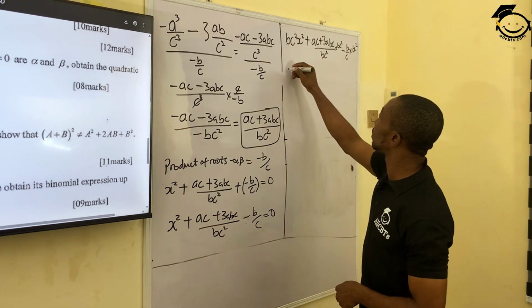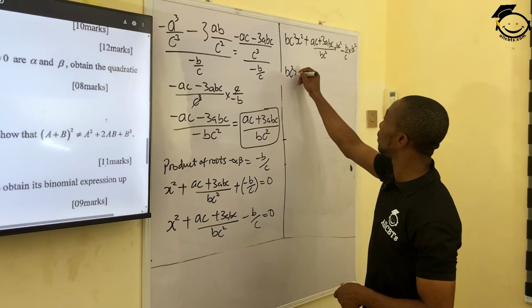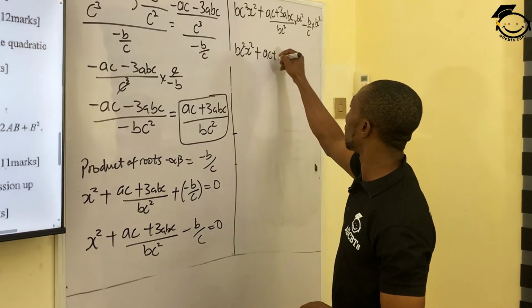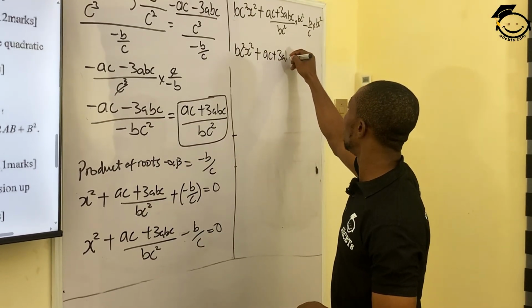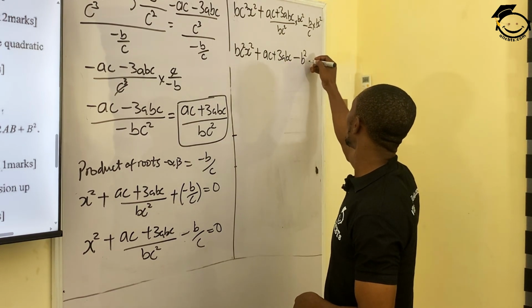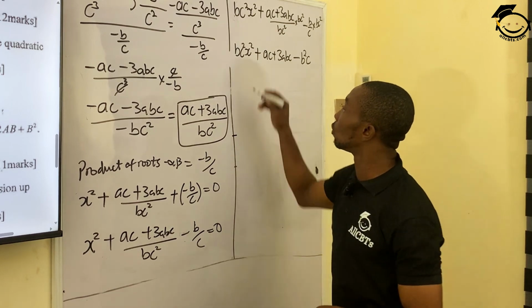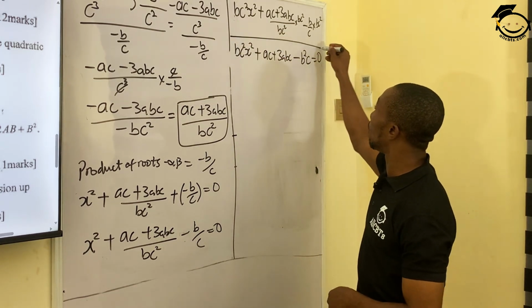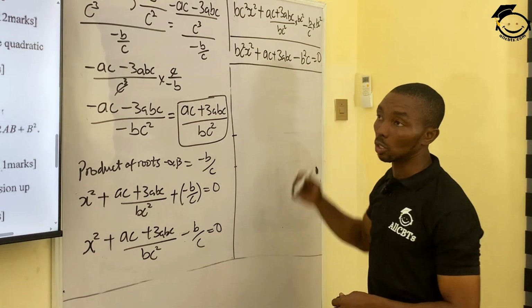So this will give us BC squared x squared plus AC plus 3ABC minus B squared C, and this equals 0. So this will be our new equation.